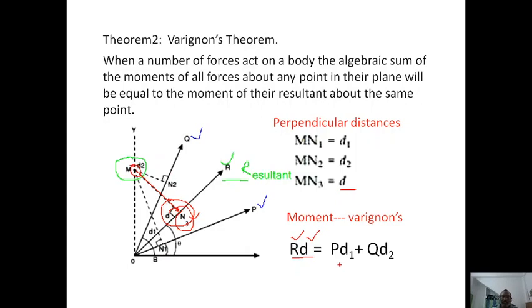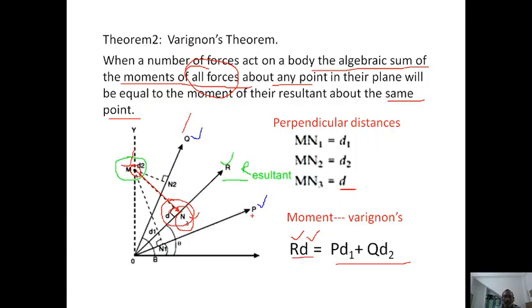This is equal to the algebraic sum of the moments of all forces about the same point. What is the same point? That is M. So I take the algebraic sum of moments of all forces. What are the other forces?